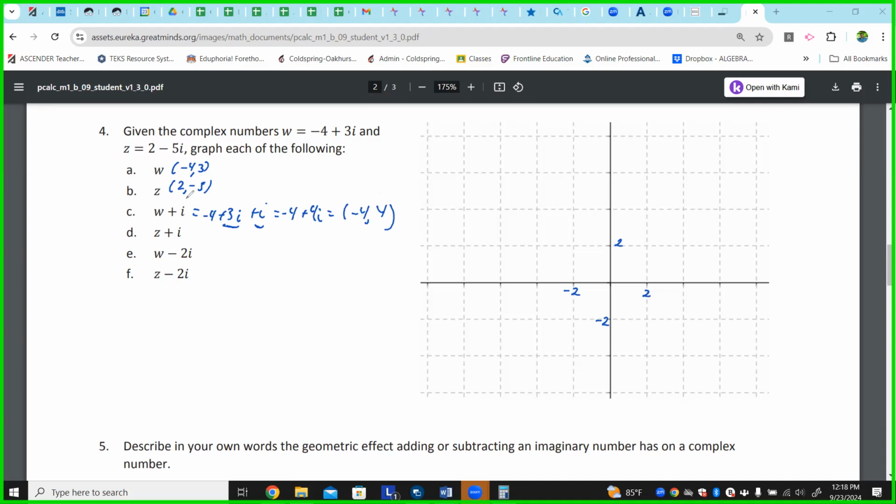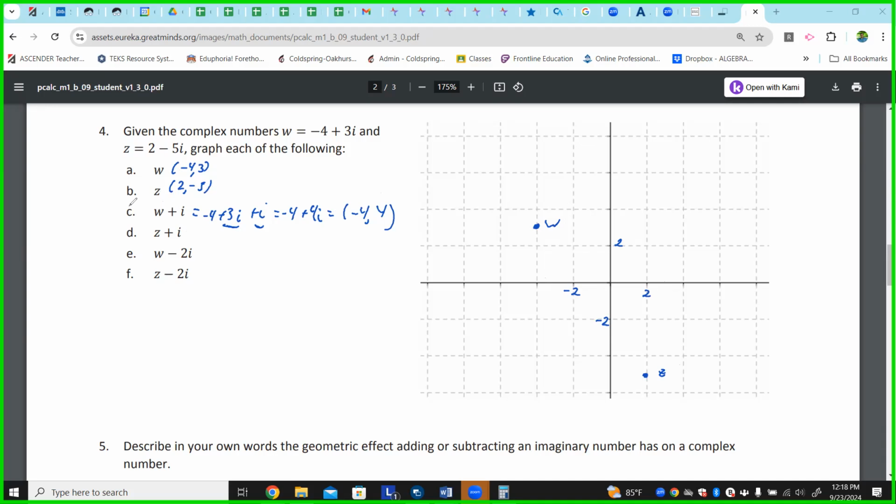So notice that W and Z are the same as number 2. So that was still -4, 3, and then 2, -5. If I had more time in here, I would love to show you using Desmos on this, and it's really cool to see the effects. If we get time, we'll do some more.